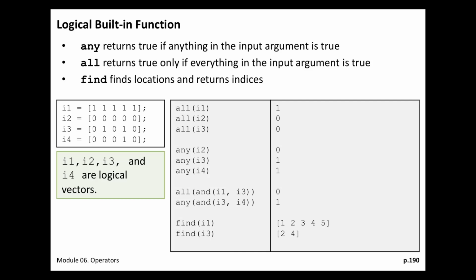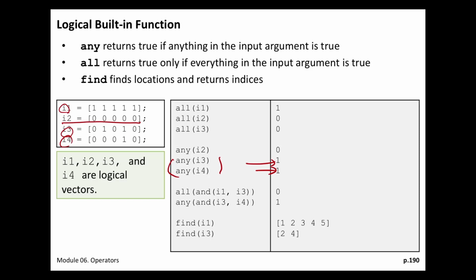Any returns true if at least one element in the input vector x is true. Here's the example. Any i2 is the false because there's no 1, right? And the i3, i4, and i1 is the true. Okay?